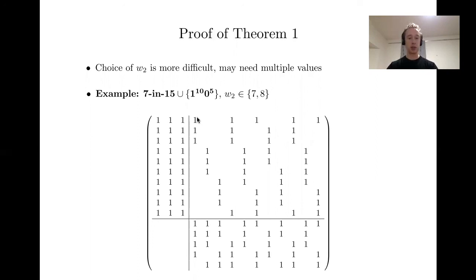The ones are distributed so that the weight on each row is either 7 or 8. And note that in the top set of rows, there is additional weight from our first few columns, whereas in the bottom set of rows, we must compensate for this by placing more of the ones. These matrices are typical of those in the proofs of the general case. This concludes the proof of Theorem 1.